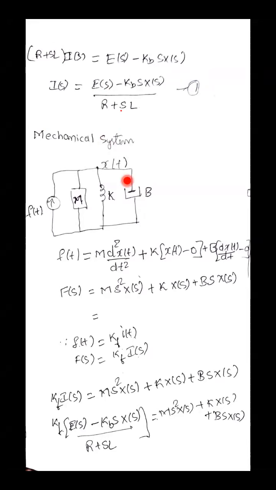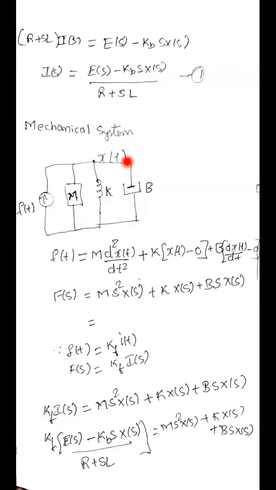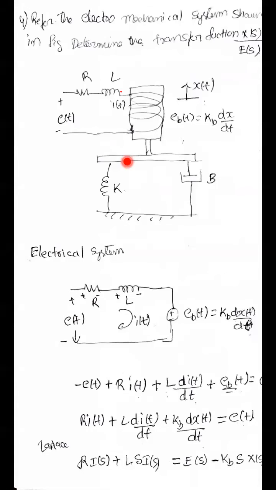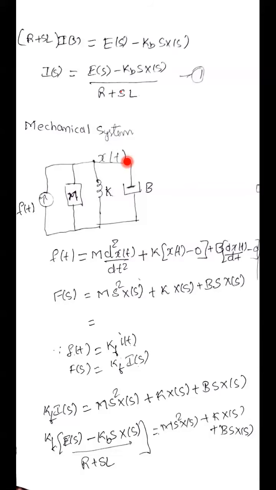In the mechanical system, previously there is a mechanical system present, mass is present in this system, k is there, even though it is not mentioned, but mass is there in the system, k, that is spring, and b is present. So these are represented here, m, k, and b.